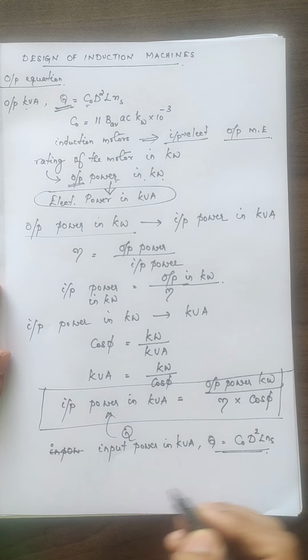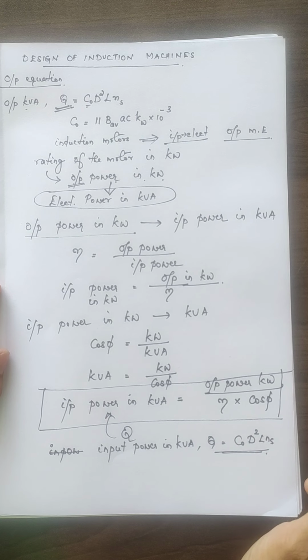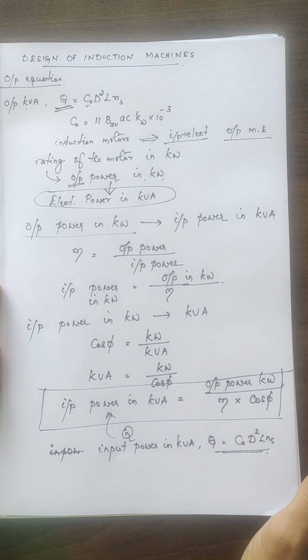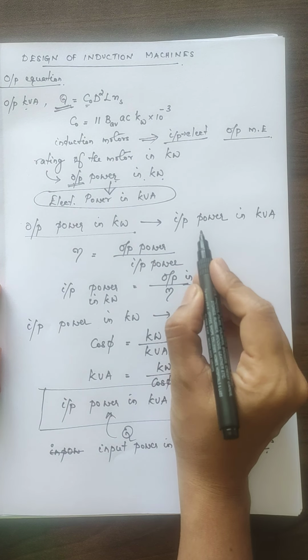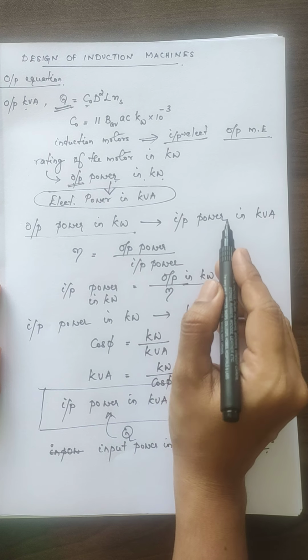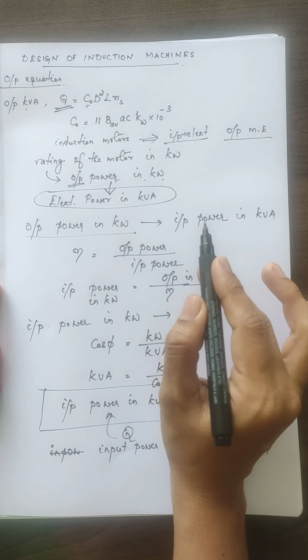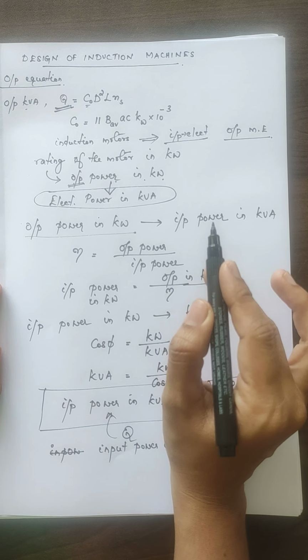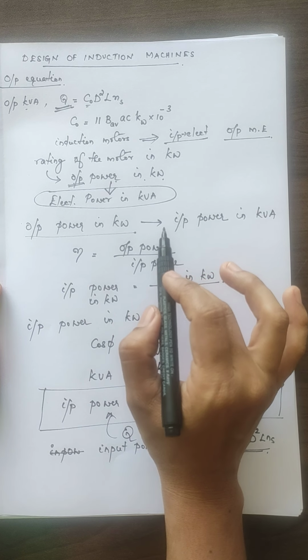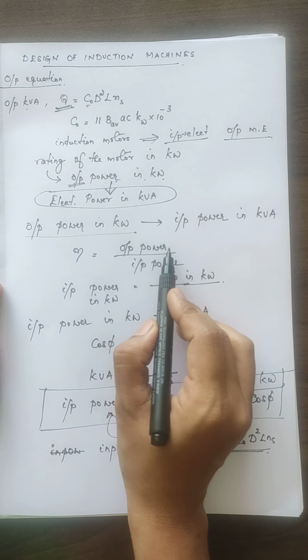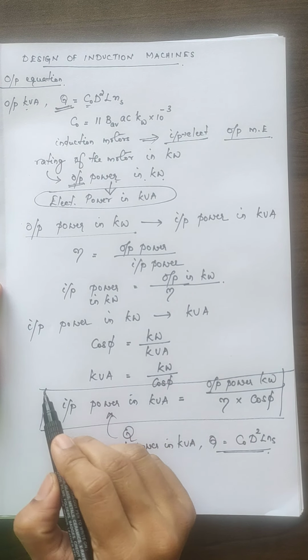Always remember, in case of designing induction machines, that is induction motors, the output power of the machine will be given in kilowatt in the question. So the first step in solving this problem should be the conversion of that output power in kilowatt to input power in kVA.